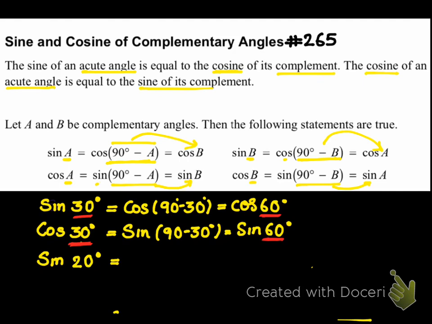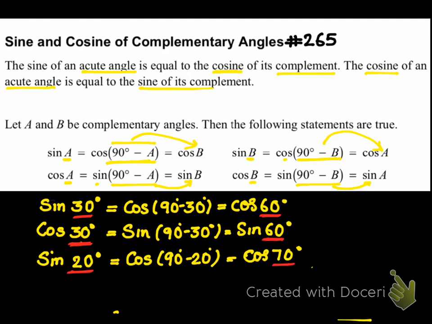So sine of 20 is going to be cosine of 90 minus 20, and that's going to be cosine of 70 degrees. And you can see that in this case, this 20 and 70 together are complementary.